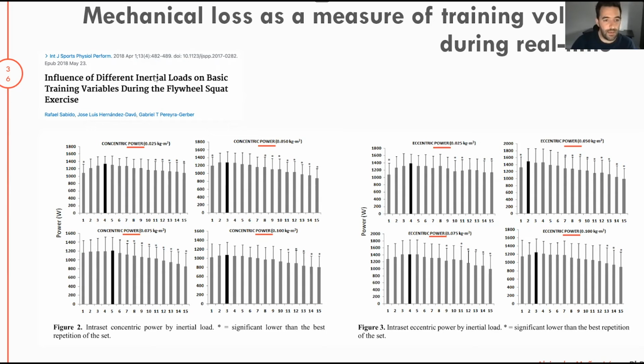So the first paper, to my knowledge, which covered that was the one from my colleague Rafael Sabido, where they showed that over 15 repetitions, first of all, you need the first 3-4 repetitions to achieve the peak, the highest concentric or eccentric power, and then you see how it decreases along the repetitions. So we can use an approach similar to velocity-based training. Maybe we need to call it power-based training or acceleration-based training, as I will present right now. I don't know yet, but you can do the same with the flywheel.